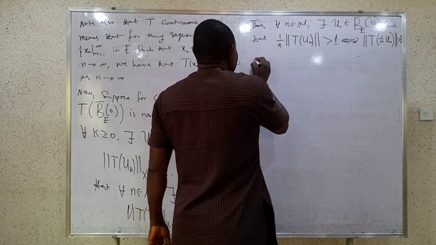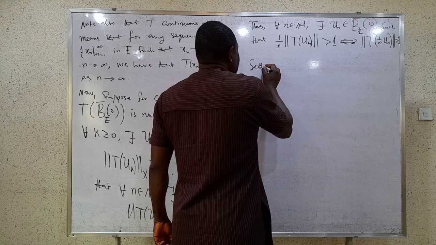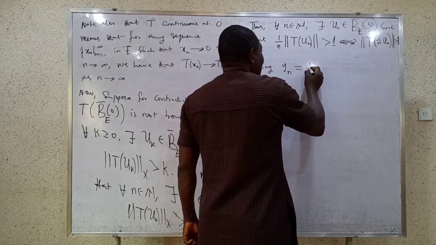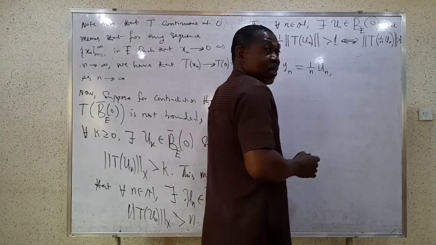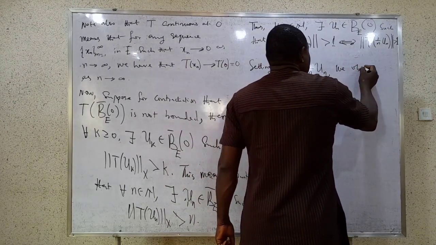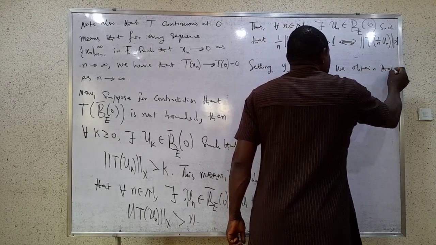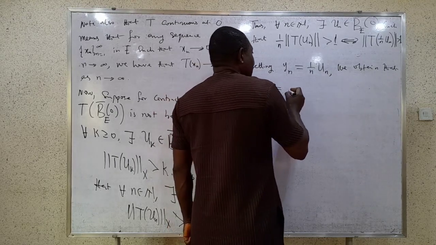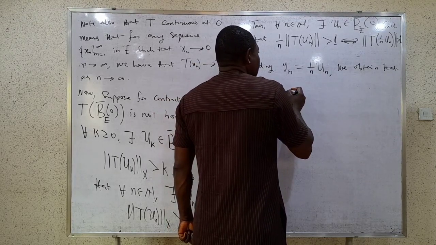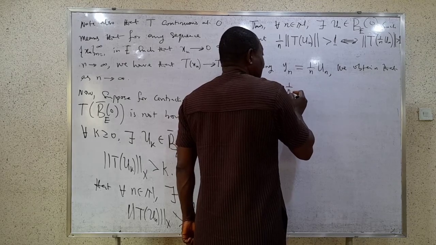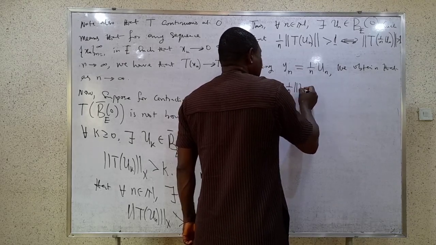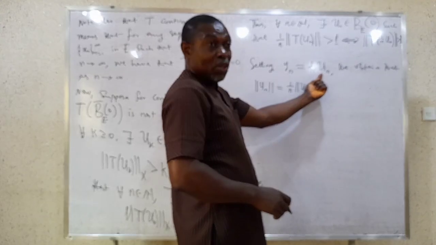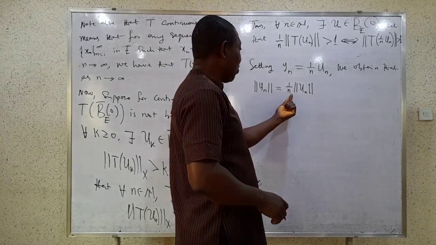Now, setting y_n to be equal to 1 over n u_n, we obtain that norm of y_n is equal to 1 over n norm of u_n.